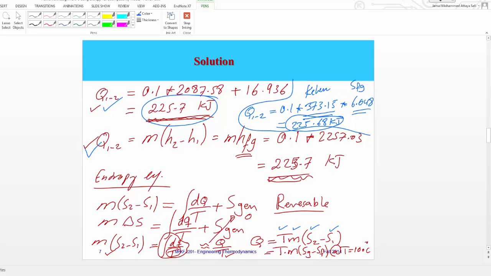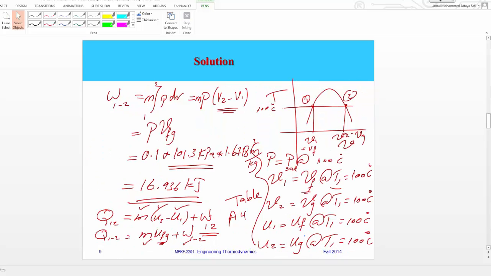This is the second way to calculate Q, which is actually the mass multiplied by dH, or you can use the entropy, and that's, as you can see here, this is the equation. So the three ways here are valid to calculate the heat added, or the heat needed.